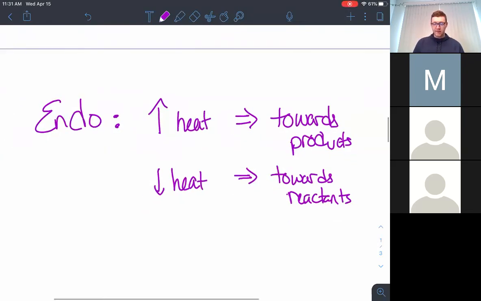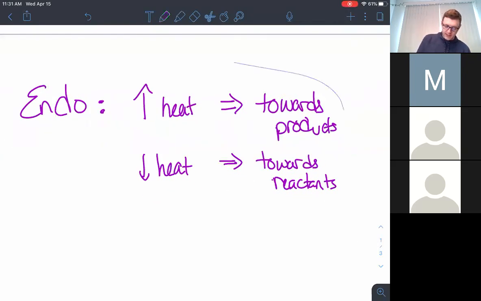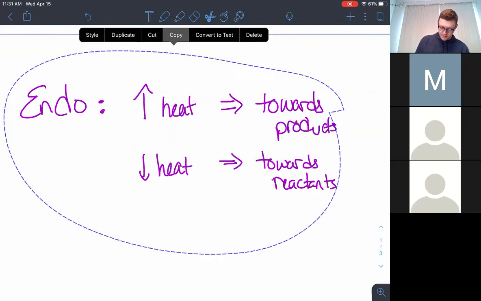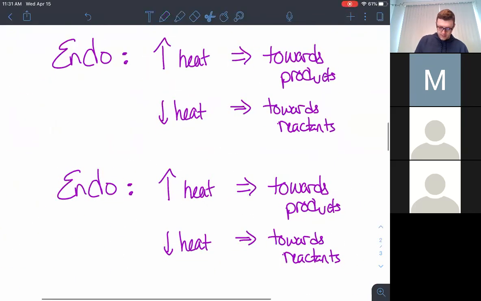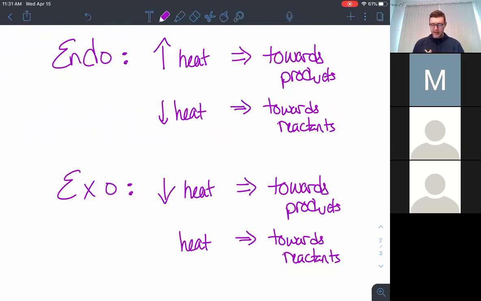And then these are going to flip for exothermic. So I'm just going to copy and paste real quick. These are going to flip for our exothermic. Exothermic, if you decrease the heat, it's going to move towards the products.